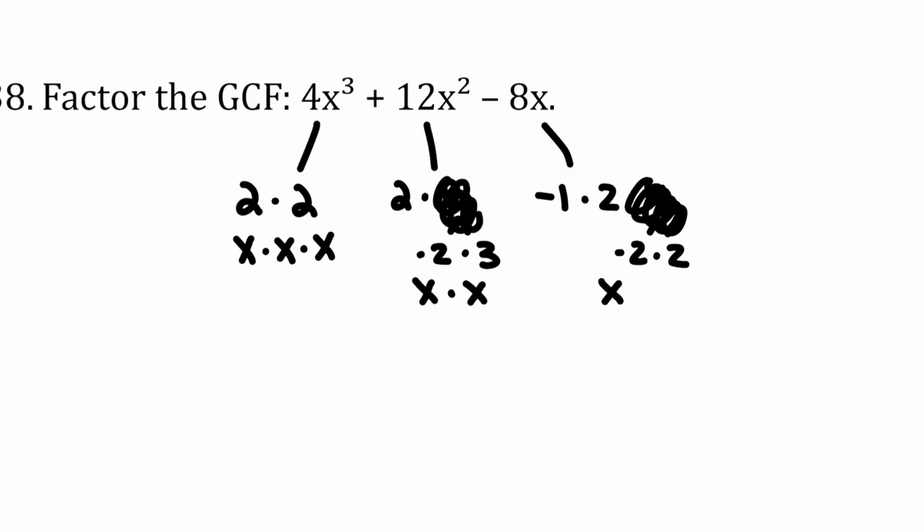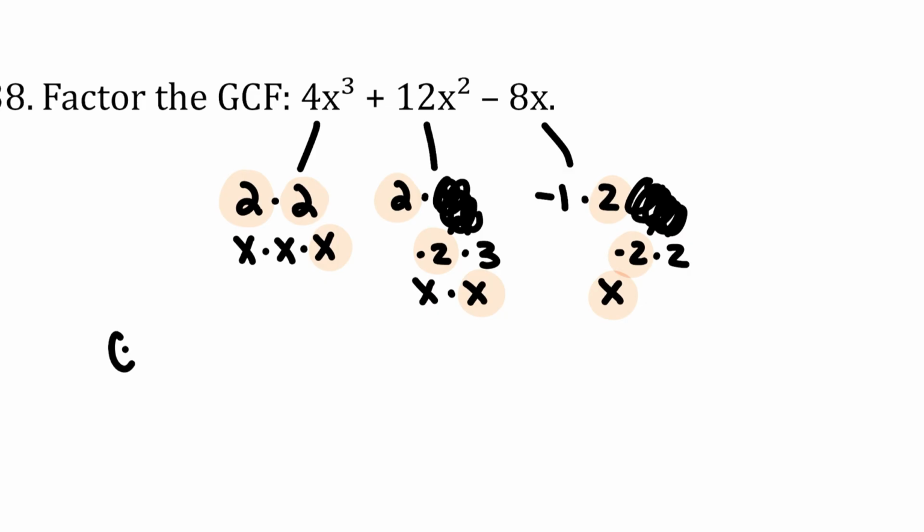So I'm going to highlight everything that we have in common here. So it looks like we have a 2 on all of them. Looks like we have another 2 on all of them. And an x. Everything else doesn't quite repeat.